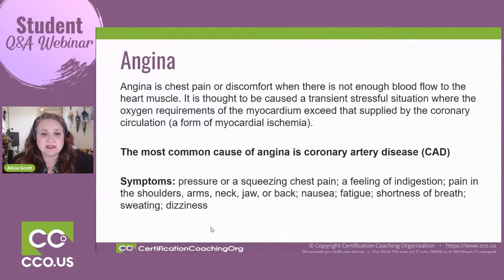What actually is it? It's chest pain, but it's not just chest pain, because chest pain can be defined as heartburn, muscle complications, but if it involves blood flow, then it becomes angina, and it usually is associated with another disease. The most common cause is coronary artery disease.